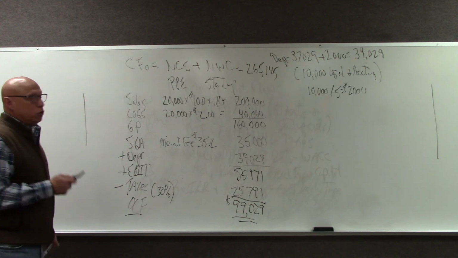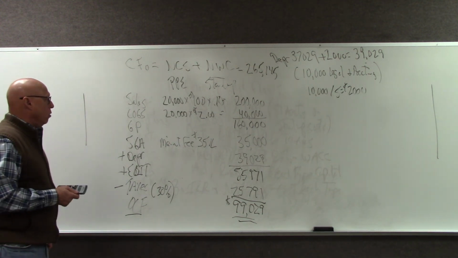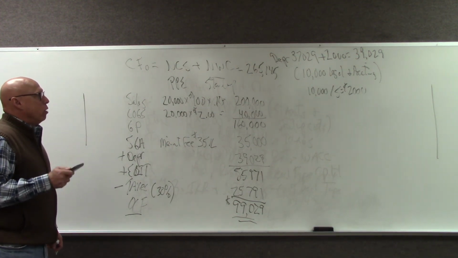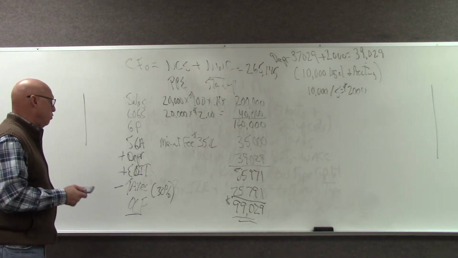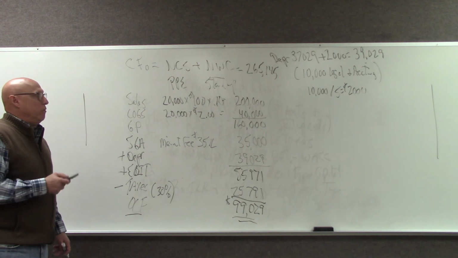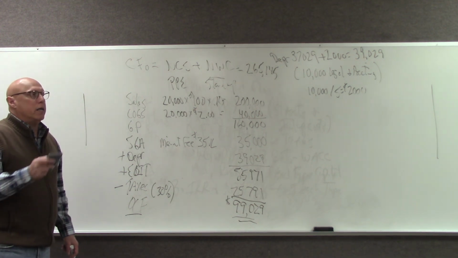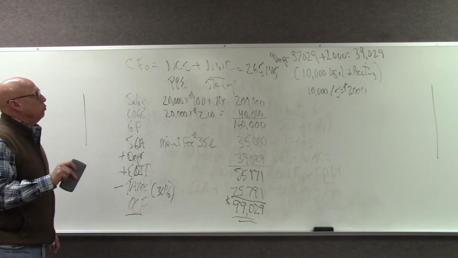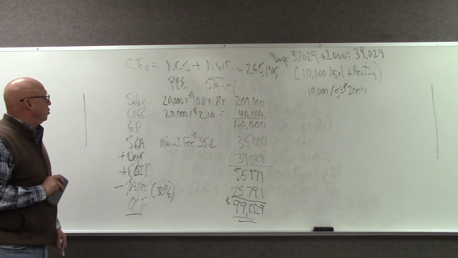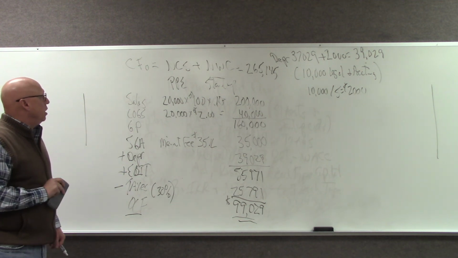We can go ahead and do the internal rate of return right now because we don't need a discount rate to do the internal rate of return. All we need are the cash flows. But we do need a discount rate to compare against our internal rate of return. But I tell you what, let's wait till we get to section 3 to do the net present value and the internal rate of return.